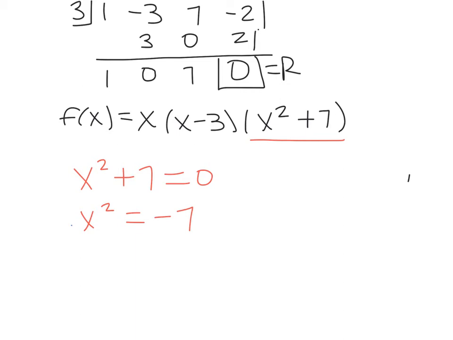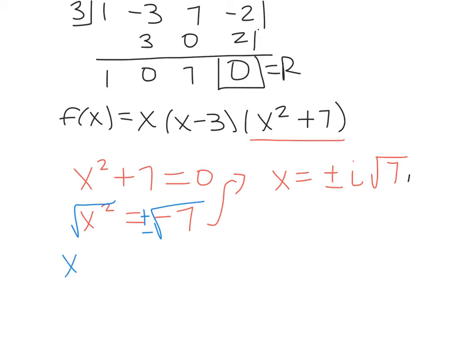Take the square root of both sides. We're going to end up with x equals plus or minus, bring the negative out in front as an i, and square root 7. Okay, so the zeros for this polynomial are 3, the one that we're given.